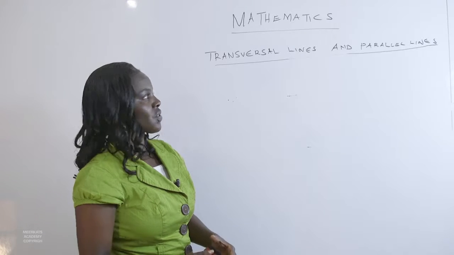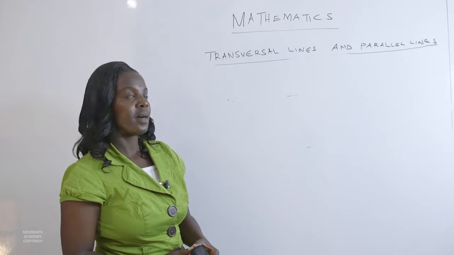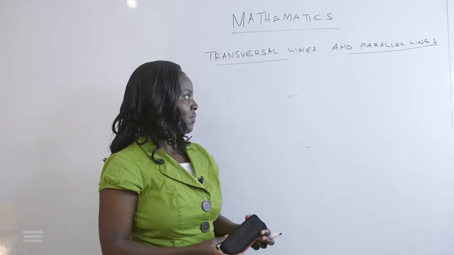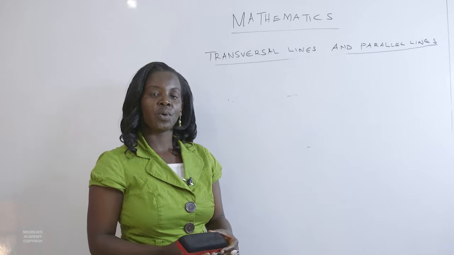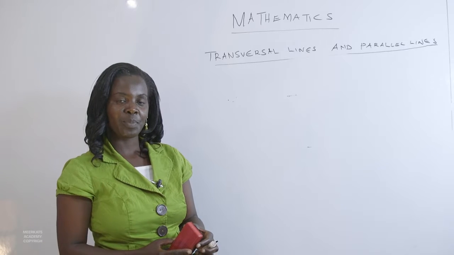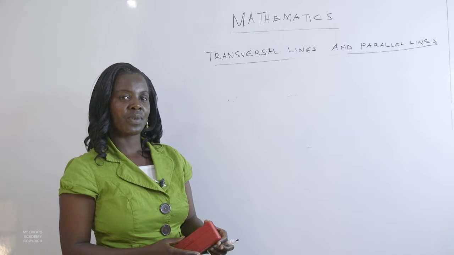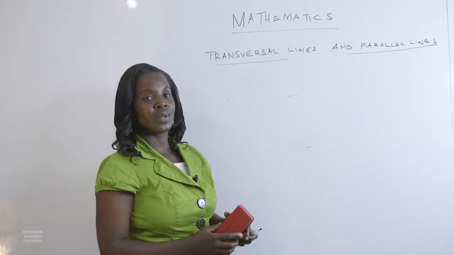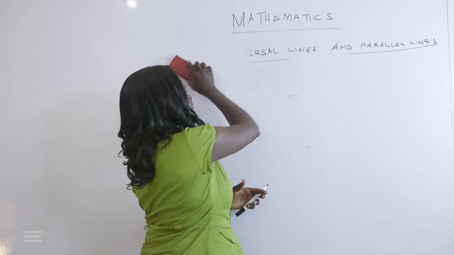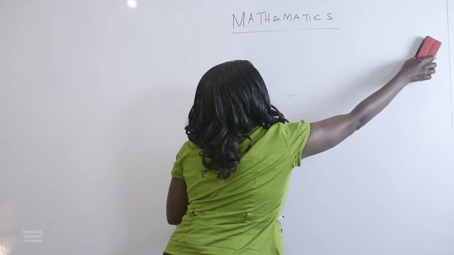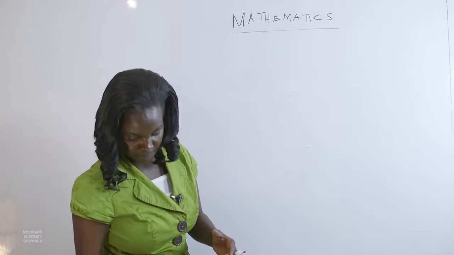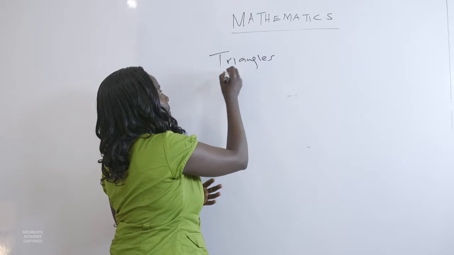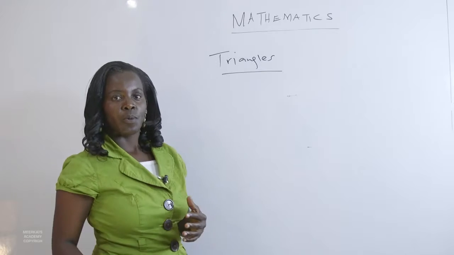So from this information of transversal and parallel lines, we can then move ahead and also learn about the properties of a triangle in terms of angles and also the sides. What is a triangle?